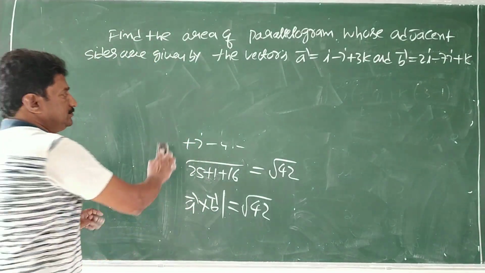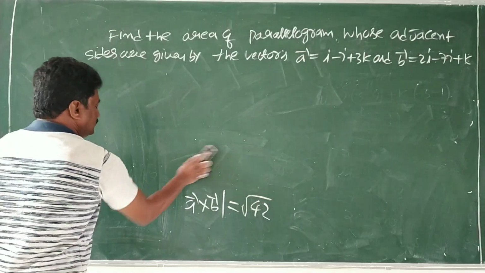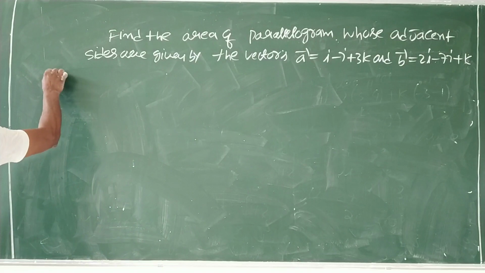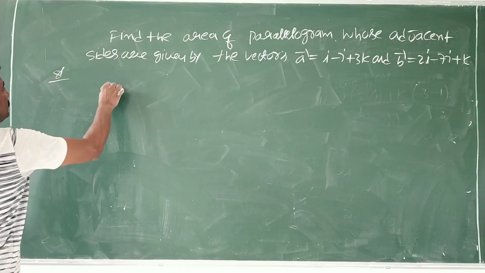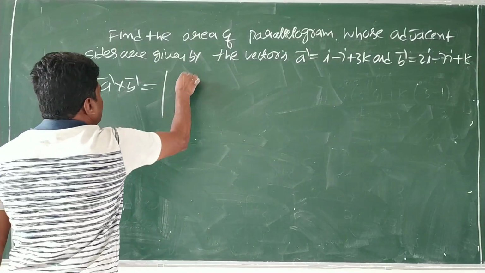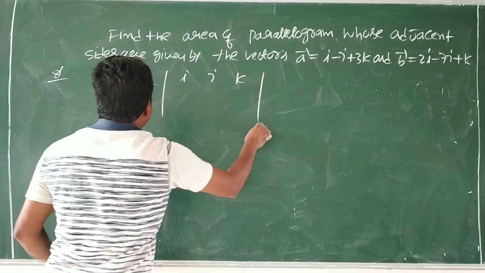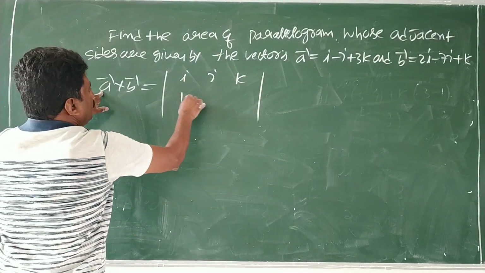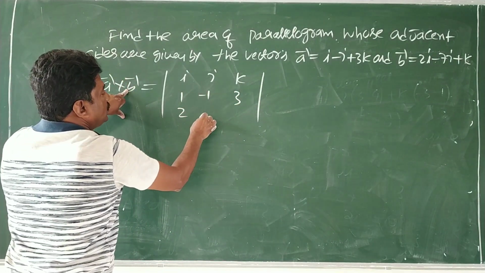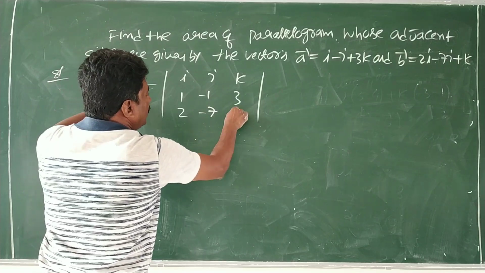So area, solution: A cross B. Find out A cross B. i, j, k. Components of vector A: 1, minus 1, 3. Components of vector B: 2, minus 7, 1.